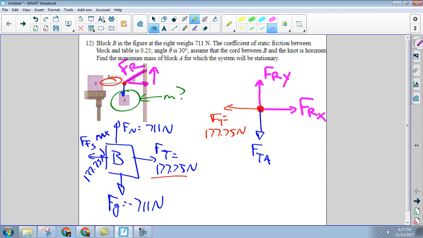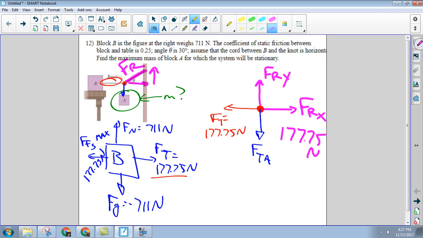Well, that knot isn't moving, right? So that means that the X component of the rope has to be 177.75 newtons in the X direction, right? So that our X components cancel out, right?